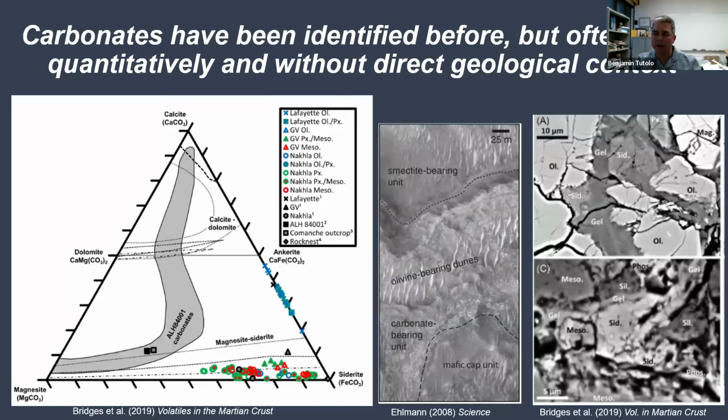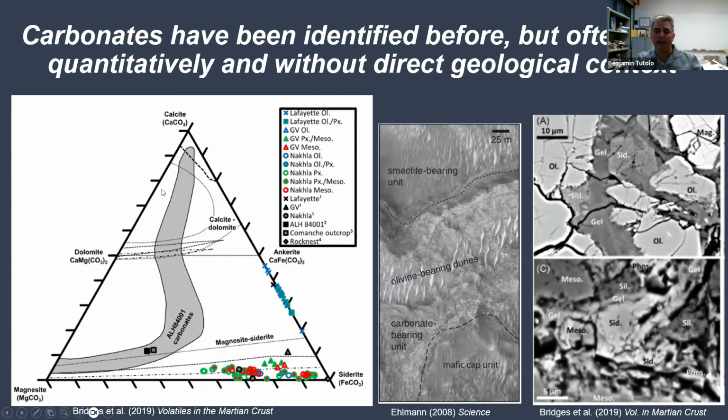It's semi-quantitative at best. And then on the right-hand side, we see that there's evidence from Martian meteorites where we have considerable evidence of carbonates forming in those rocks, but we rarely know where those rocks came from. And again, we rarely know the geological context of their formation.